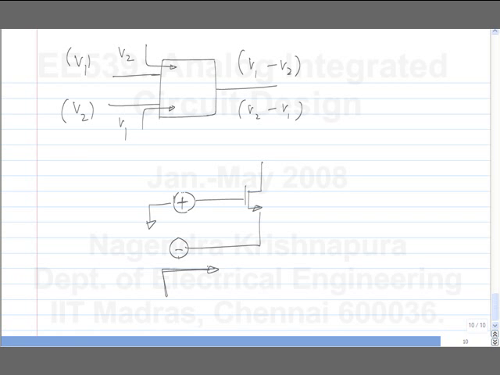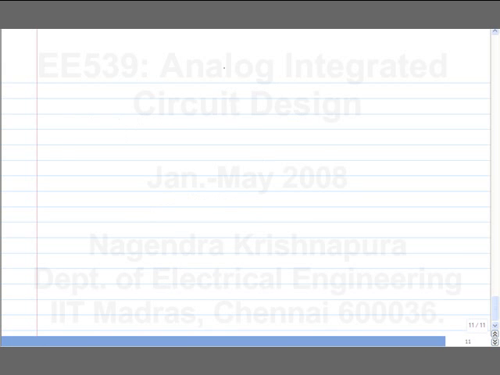Okay. So what do I do now? How will I fix the situation? I do have a block that takes the difference. So maybe I should write the complete common source amplifier.